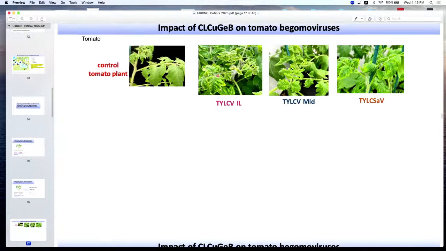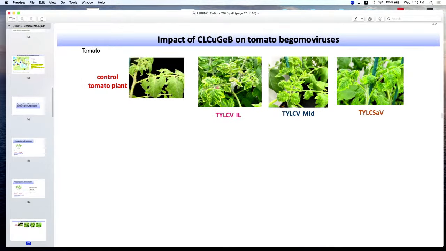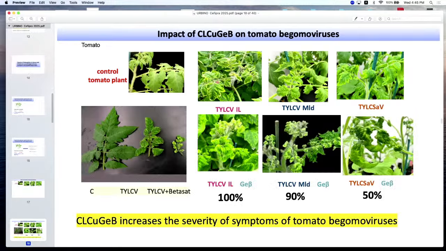And we know that we have these types of symptoms with our TYLCV, tomato yellow leaf curl virus, and tomato yellow leaf curl Sardinia virus. But when you add the satellites, then you have very important symptoms. You can see here the size of the leaves between the healthy plant, the virus, and the virus plus the satellite. So we have 100% transmission of the satellite with the virus, 90 and 50. So it depends on the virus.